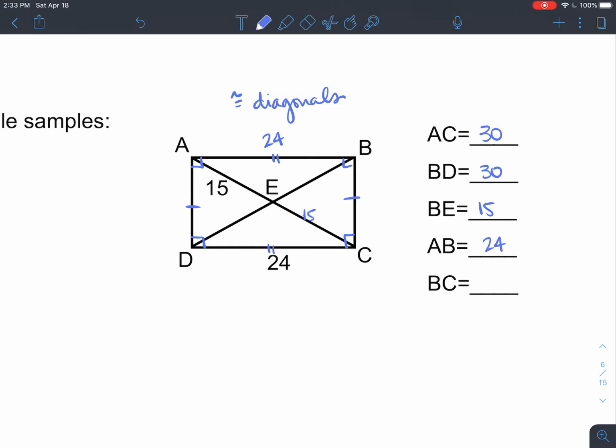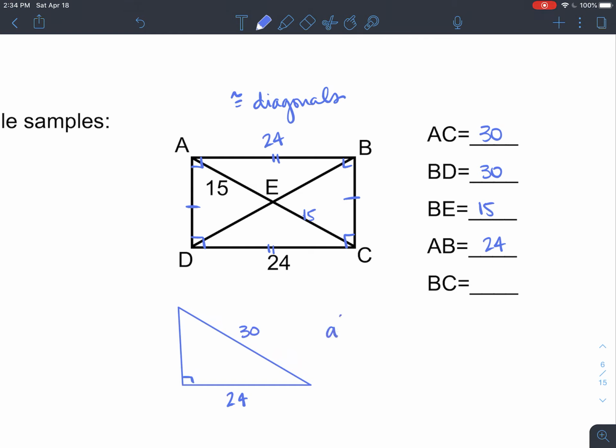And BC, we will have to use some trig. No, Pythagorean theorem. So I've got my right triangle. The base is 24. The diagonal is 30.